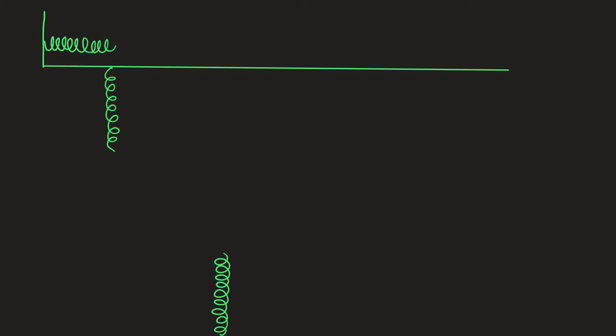Not a huge surprise that if I have a box, and I go to hang it on the spring and let go, the spring will stretch. So if I place the box on the spring, I'd expect the spring to stretch until it comes to this kind of equilibrium position.